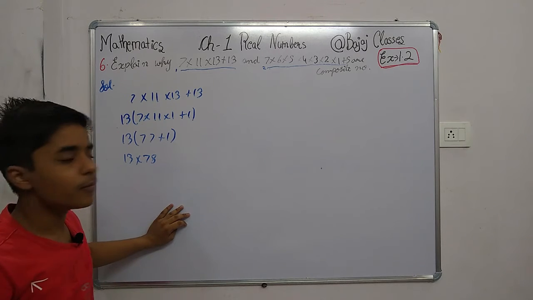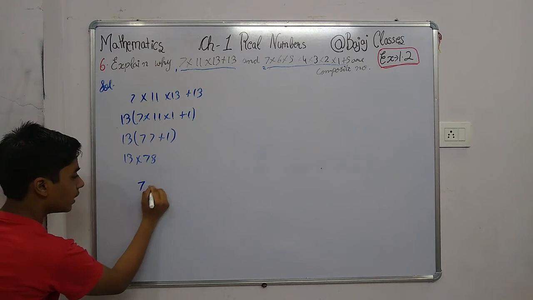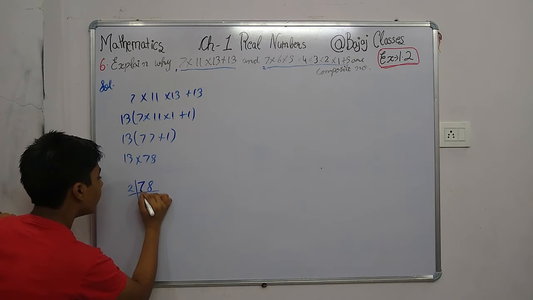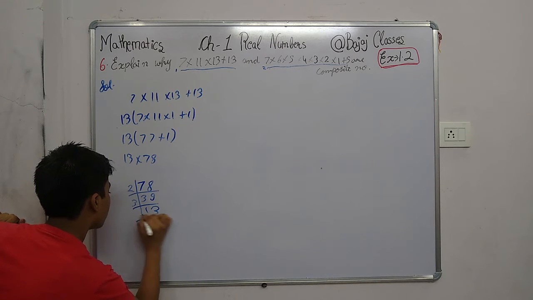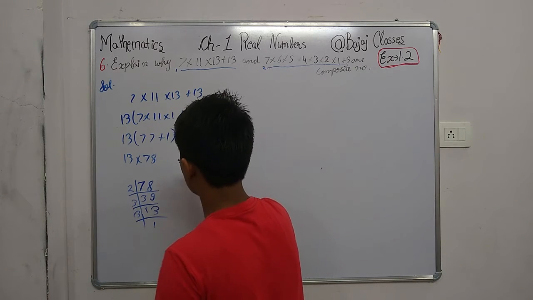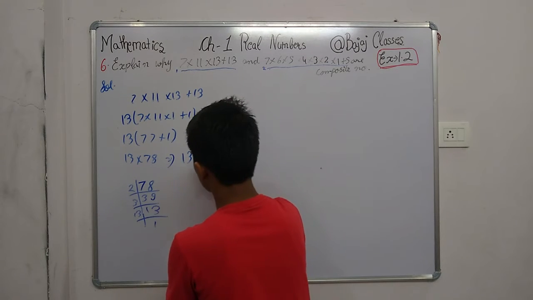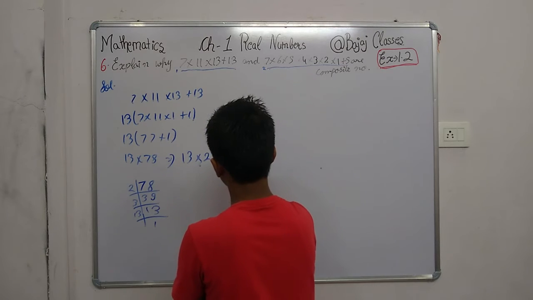Now what will we do? We will find the factors of 78. 78 is 2 into 39, 39 is 3 into 13. So we will write it as 13 into 2 into 3 into 13.